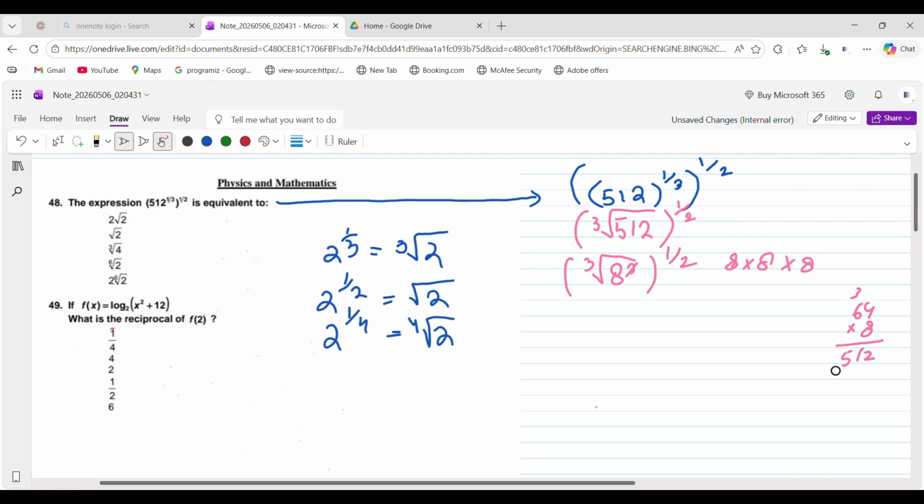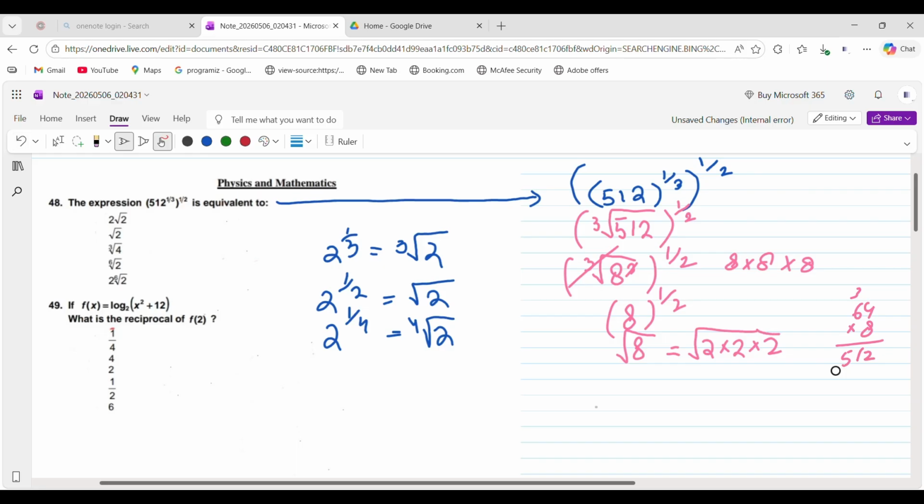Basically this cube is cancelled with this cube root, and now we are only left with 8 raised to the power 1 by 2. Now see, raised to the power 1 by 2, or I can also write it like this, under root 8, right? So I can also write it as 2 into 2 into 2, because 2 2s are 4, 4 2s are 8.